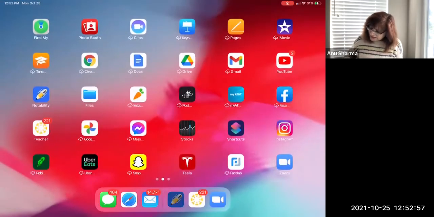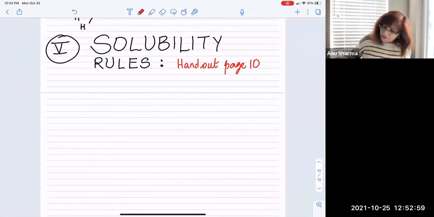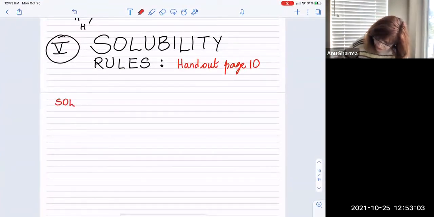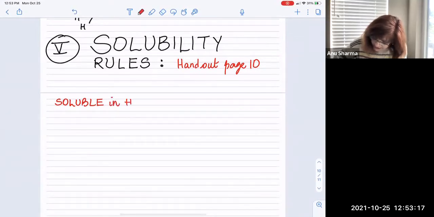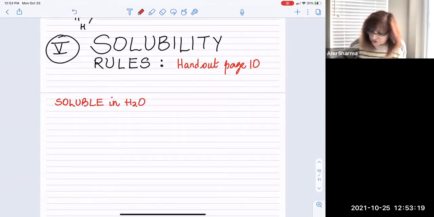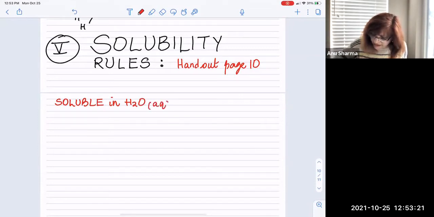So let's write this down in your notes, and you can add more to it. So soluble and insoluble. Keep this in mind: something that is soluble in water, you will have AQ.